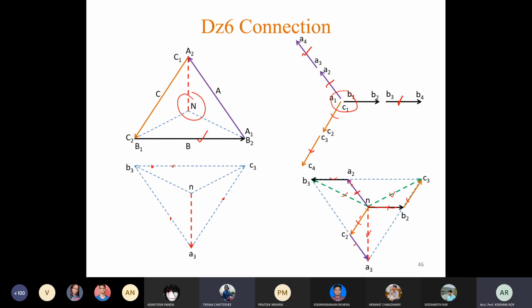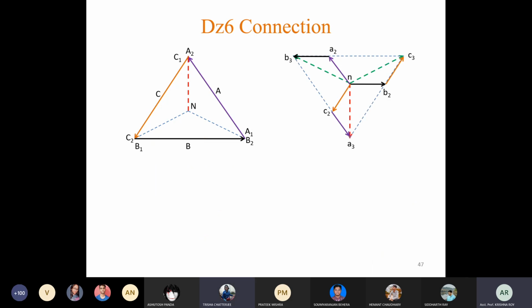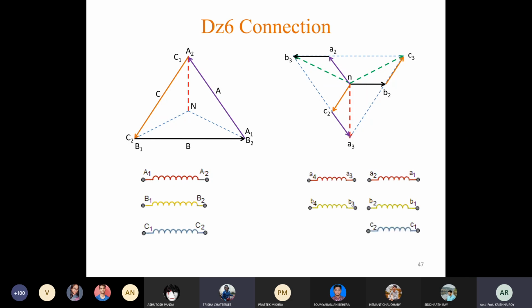So the phase angle difference between line EMFs is 180 degrees. This is our phasor diagram. Based on this, we have to draw the connection diagram. The primary side connection diagram remains the same.